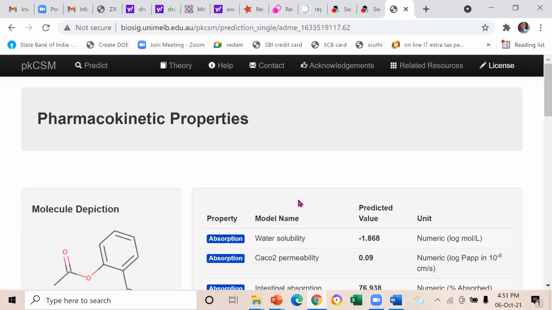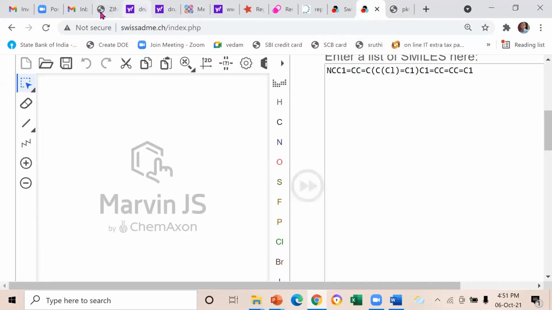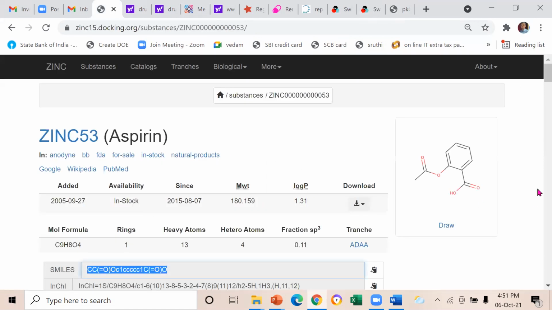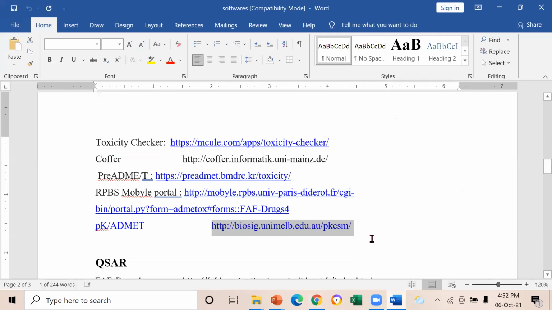Swiss ADME does not give toxicity information. So we can draw new molecules in Swiss ADME. If as a chemist you are trying to design new molecules, if the structures are available in the ZINC database, I can copy the SMILES notation, take it to Swiss ADME, and then calculate the properties. So these two software are quite useful to calculate the properties.